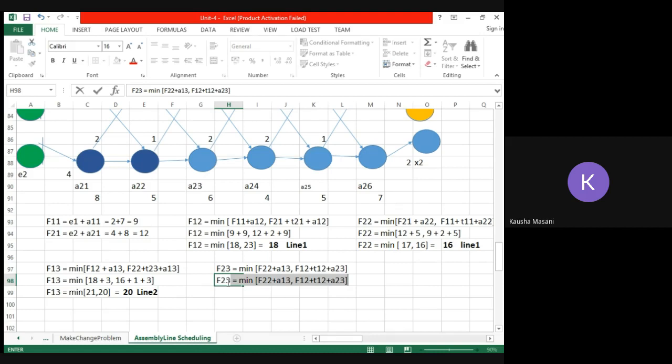So that is F23 equal to minimum. The values you compute will be around 27 and 22. Correct? You guys are getting the same values? 22 minimum from line 2. Yes, ma'am, it will be 22, 27. Line 1. Okay. Got that.